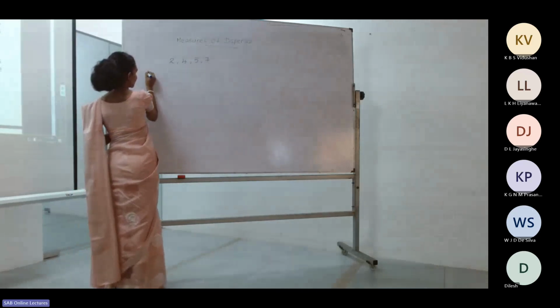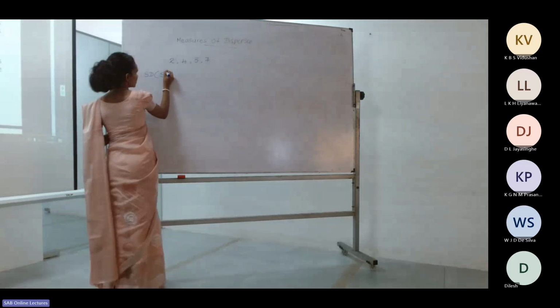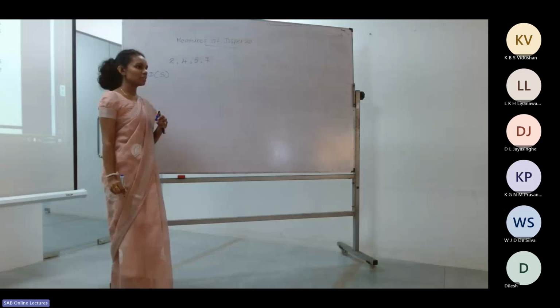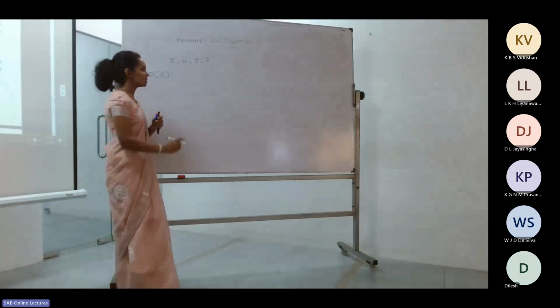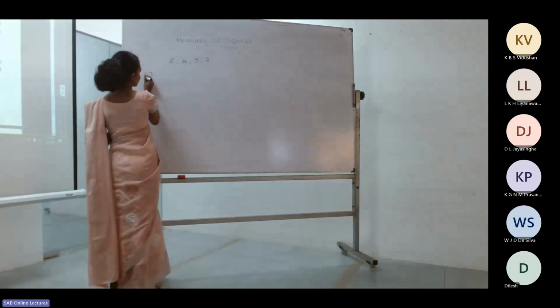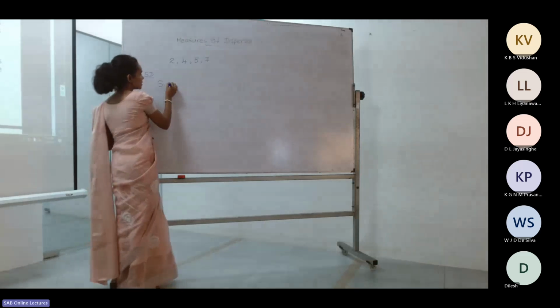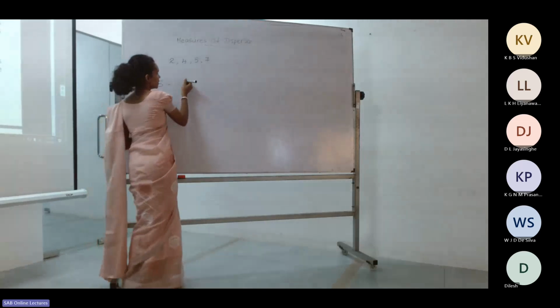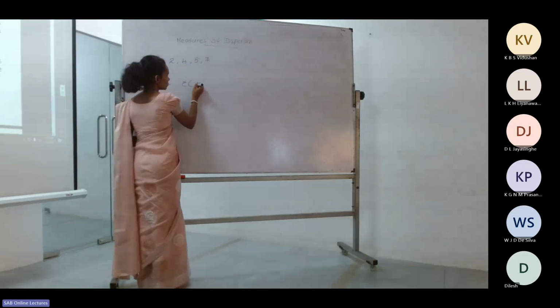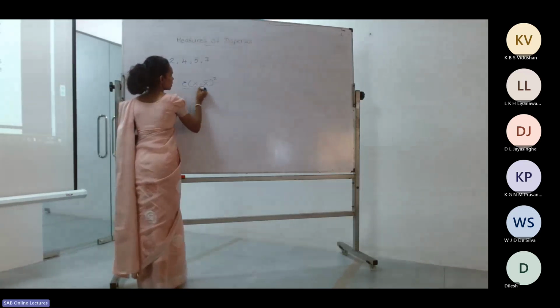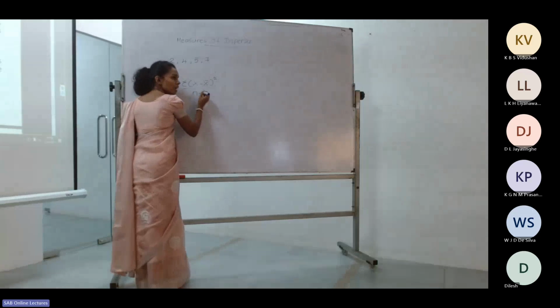How do we find the standard deviation? For a sample, we use S. S is the sample standard deviation. Take the variance value. This is the way we can find the variance.